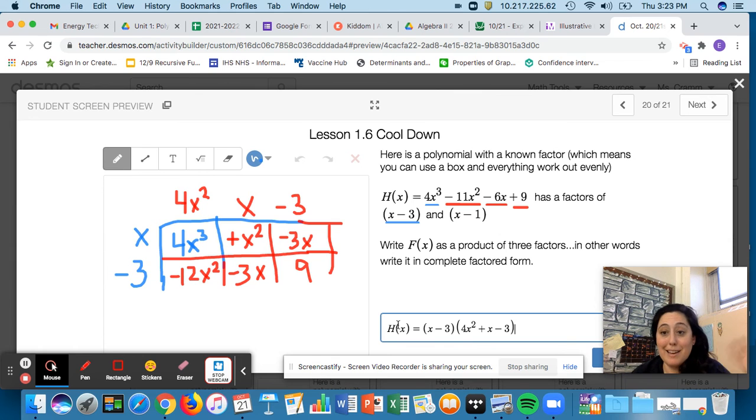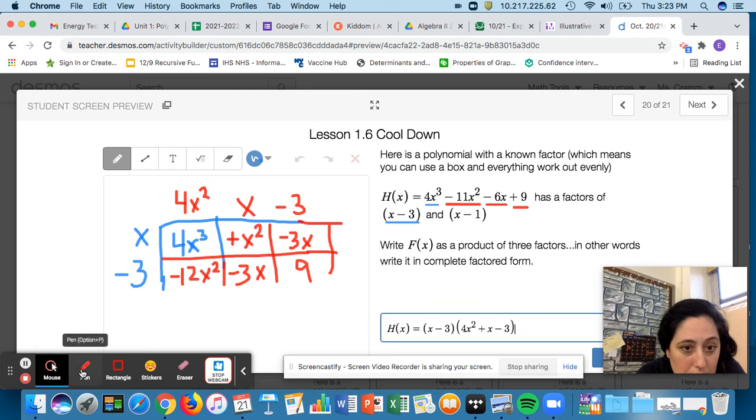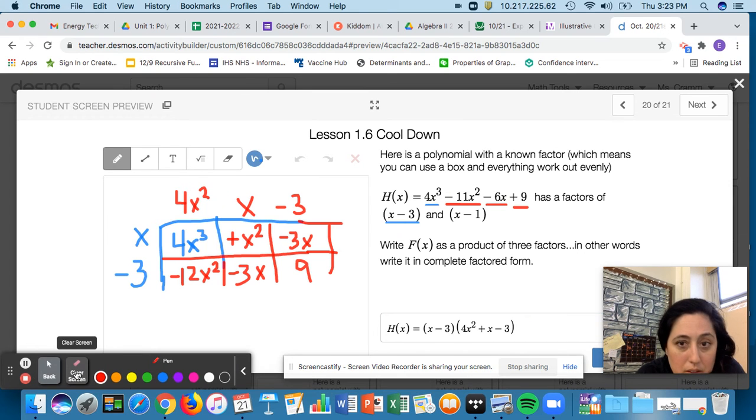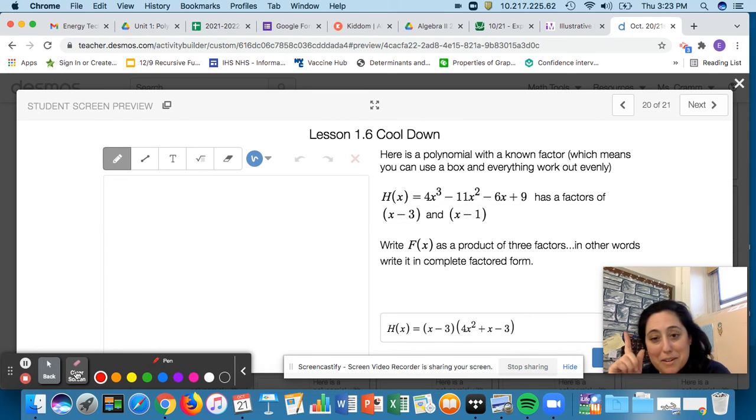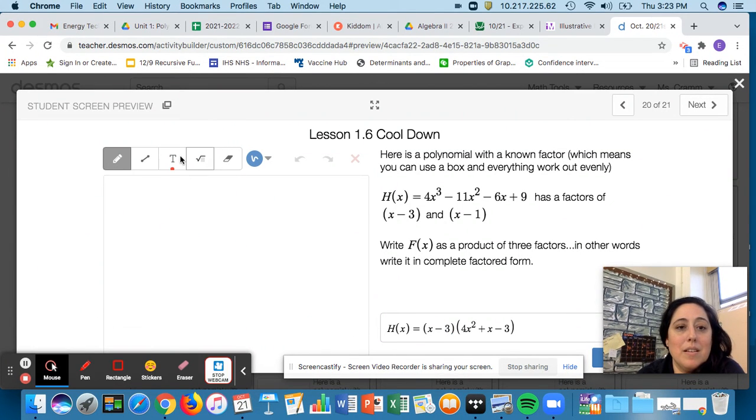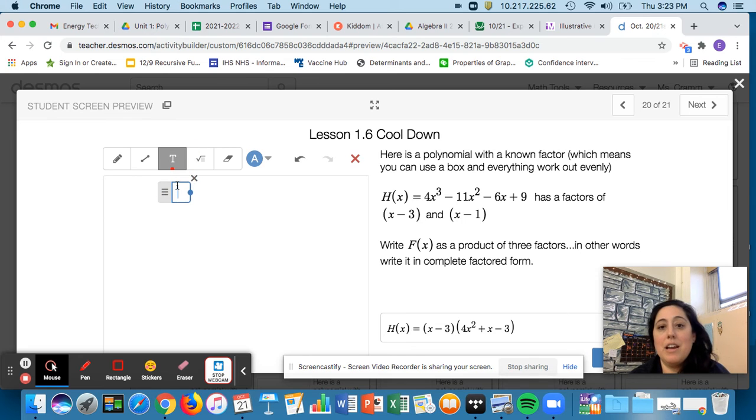Now, again, I've got to keep factoring it. So let me just clear this. Oh, I like that better. I'm going to use that in the future. So now I am not factoring 4x to the third minus 11x squared minus 6x plus 9.